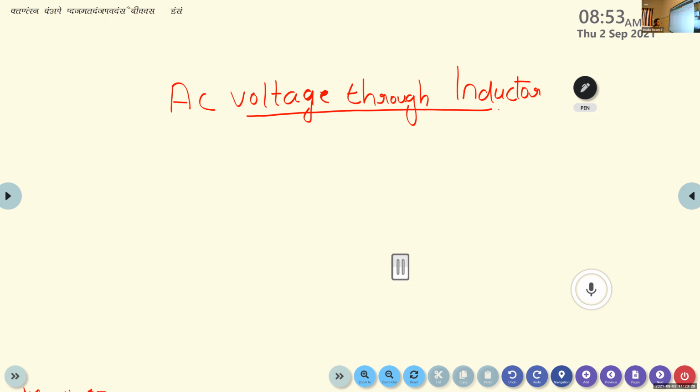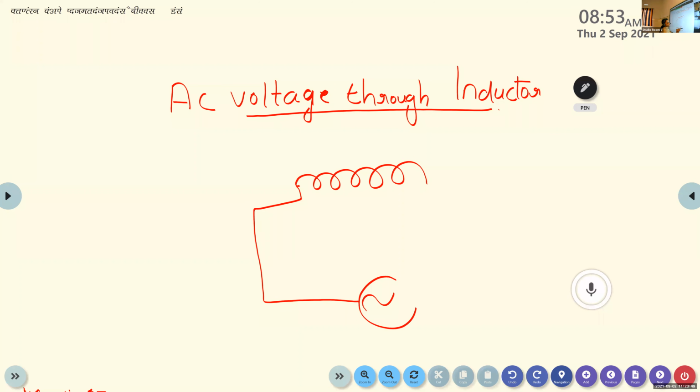So first of all, we consider the circuit. Here the electrical component resistor is replaced by an inductor. An inductor is in the form of a coil. So here we consider an inductor, connected to an alternating source of EMF.